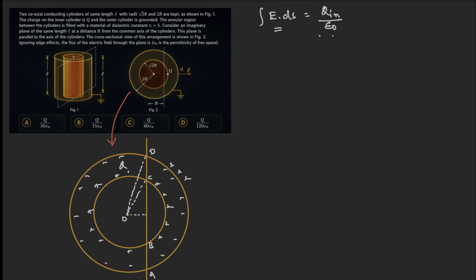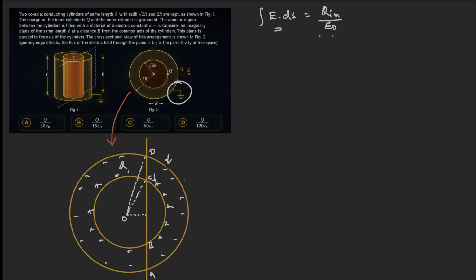However, given that this entire setup is grounded, you would notice that these charges will go to 0, because all of the charges appearing on the outside are going to flow to the ground. So the final charge distribution we are left with is positive charges on the outer surface of the inner cylinder and negative charges on the inner surface of the outer cylinder, here and here.